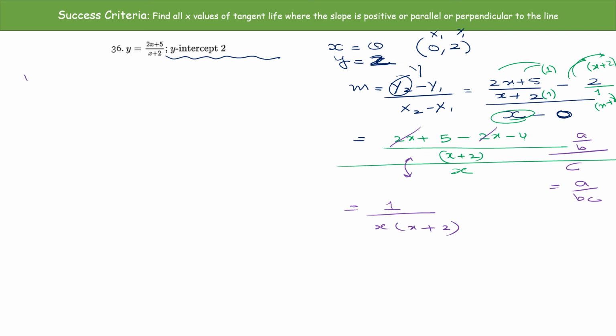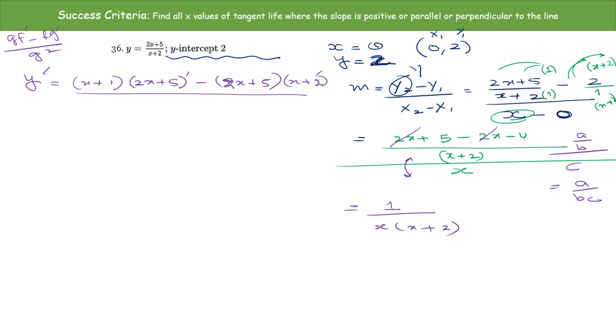Now let's take the derivative over this side. Here we will apply the quotient rule, that is (g f prime minus f g prime) over g square. So what is your g? x plus 2. f prime is (2x plus 5) whole prime, minus f, that is 2x plus 5, and g prime means (x plus 2) whole prime, all divided by (x plus 2) whole square.